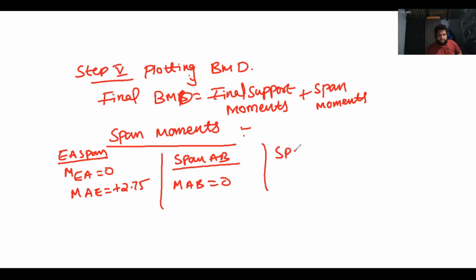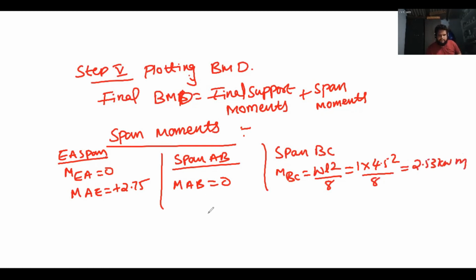Next, span BC, we are having a UDL. So M_BC equal to WL square by 8. So W is 1, length is 4.5, 4.5 square divided by 8. So this value is 2.53 kilonewton meter. So this is span BC. Next I am going for span CD. In span CD we are having an eccentric loading.